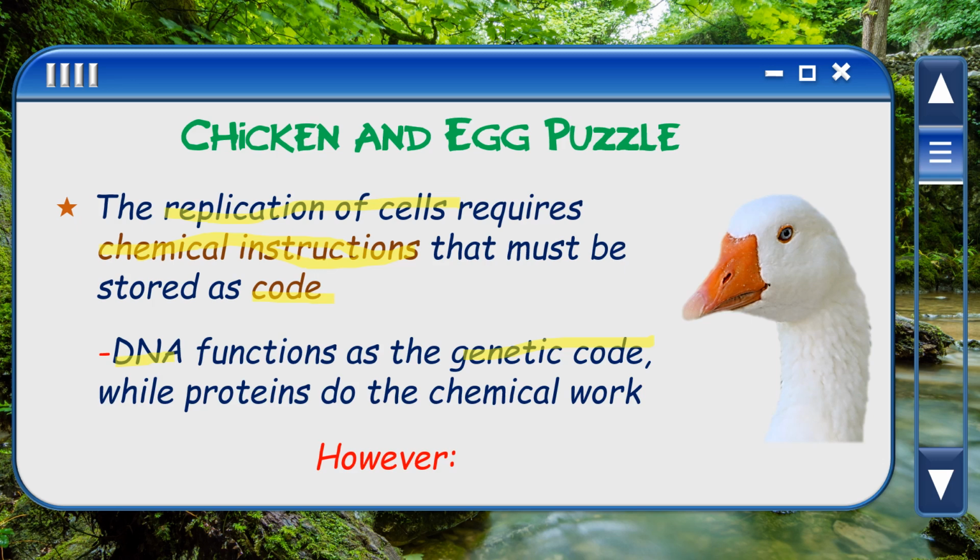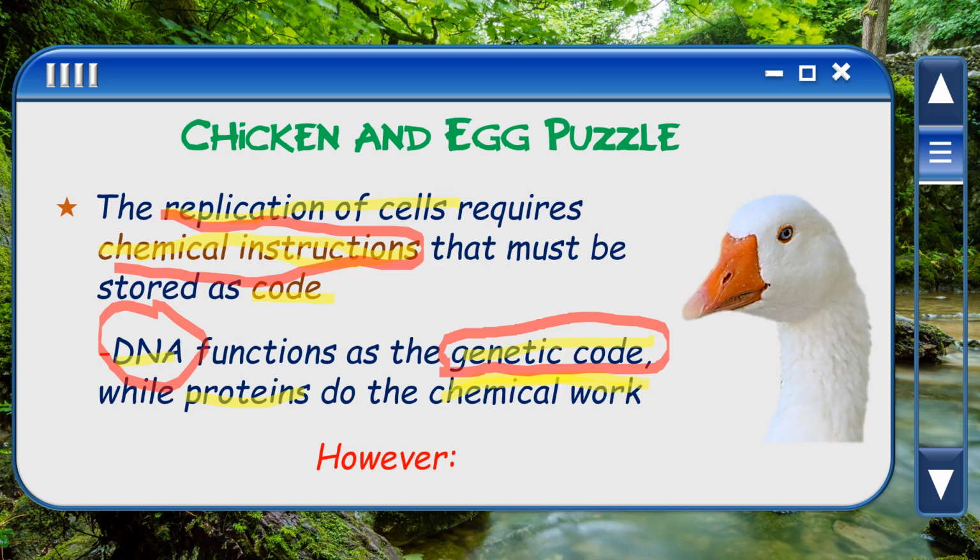At the same time, the proteins are the ones that are doing the chemical work. So I want us to understand here. We have DNA. DNA is the genetic code, and this genetic code has the chemical instructions. These chemical instructions are going to help the cells produce other cells.